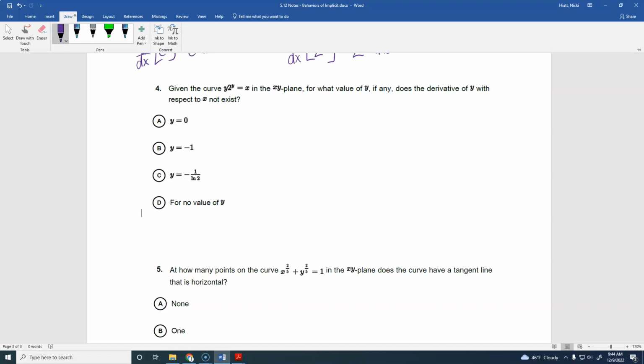Okay, so for our derivative here, I've got y times 2 to the y. What do I have to use to take that derivative? Product rule.